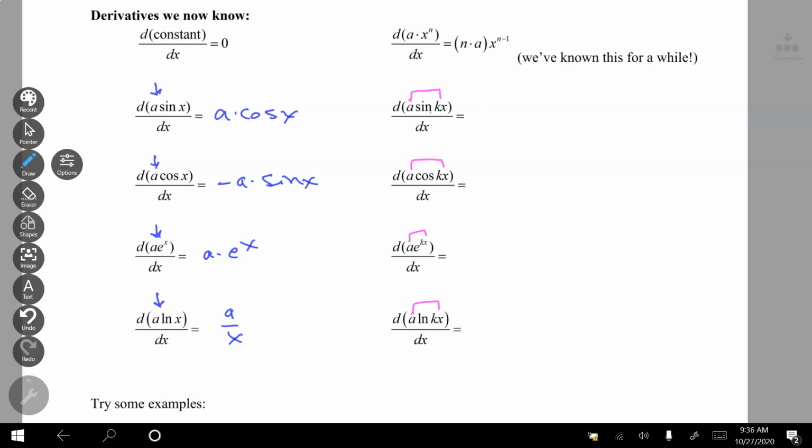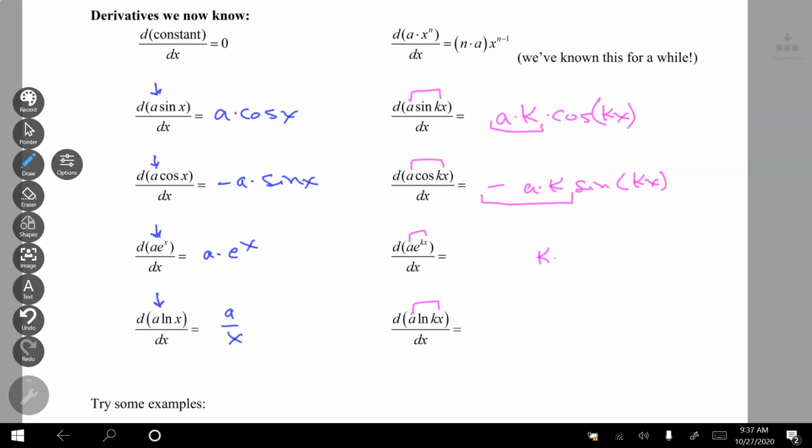Well, this derivative before was k times cosine of kx. This a up front is just going to multiply it. They're multiplying each other. And then this one is going to be negative k times sine kx. That has to be the same, but there's going to be an a in front, so those are multiplying each other.